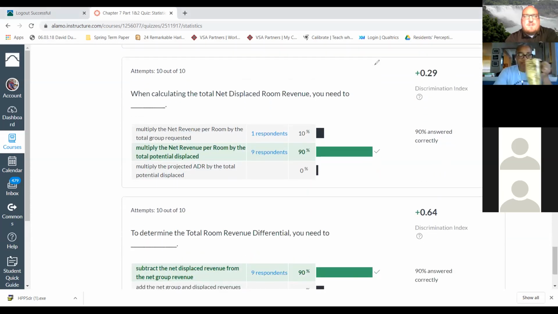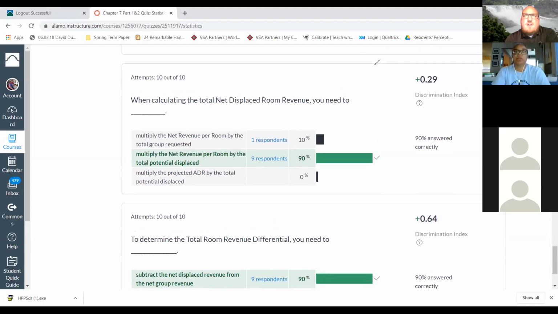All right, 90%. So now we move away from the group revenue, and we're focusing solely on the net displaced revenue. Again, the keywords to look for are the net revenue by the total displaced, okay? We can't just do the ADR because the ADR hasn't taken into account any of the costs.